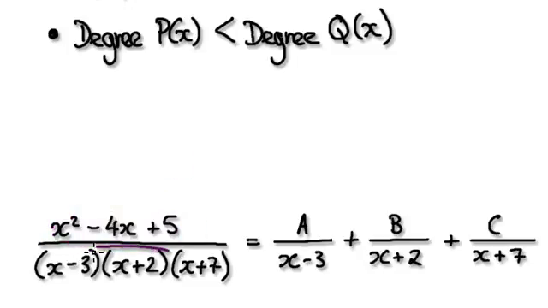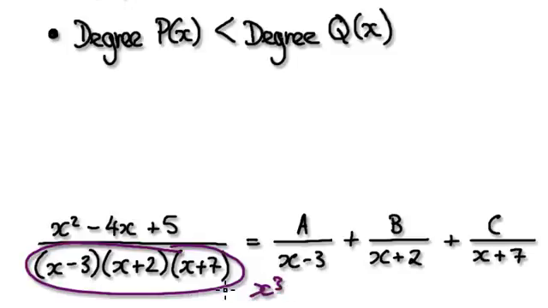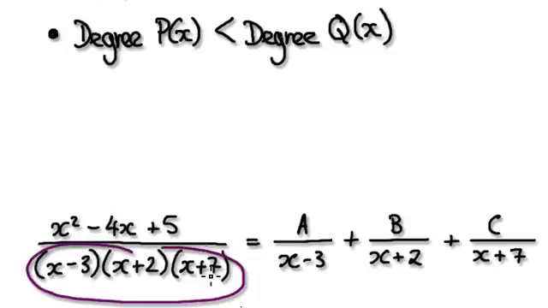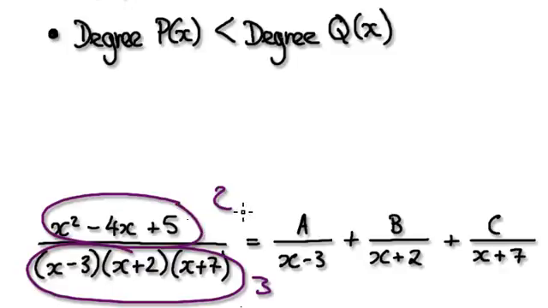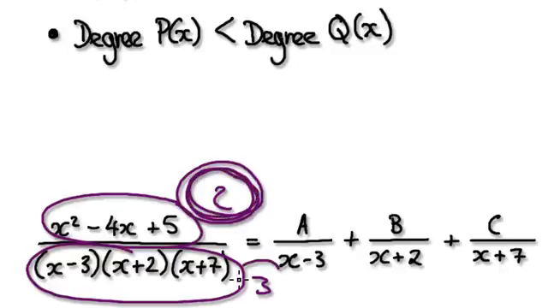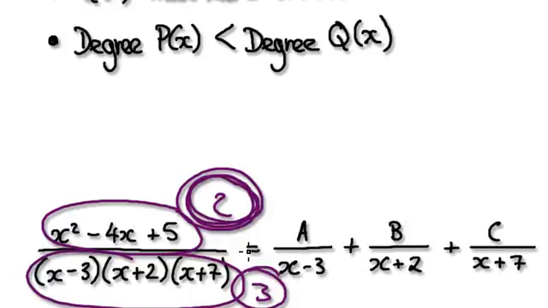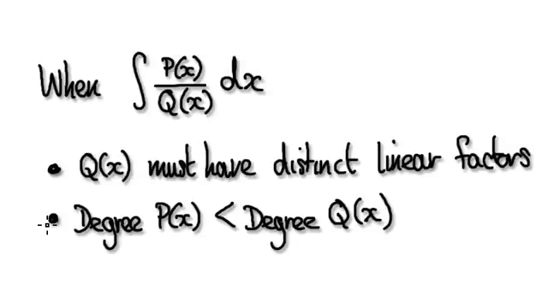Now, if you look at this here, the highest power of x is really x times x times x, so x to the power of 3. So the degree down here is 3. The degree up here is 2. So you can see that the degree at the top is less than the degree at the bottom. So this condition is satisfied. Okay.